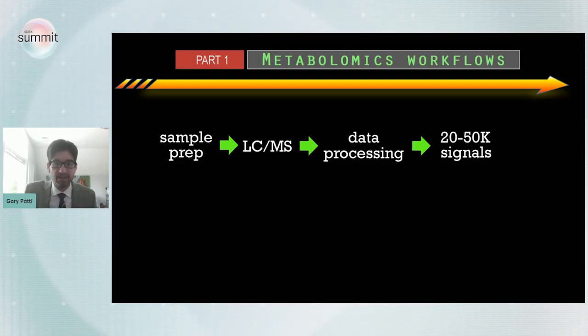After you generate the data, the files are quite large and you can't analyze them manually, so we do rely on software for data processing. And that usually results in several thousand different unique signals. Sometimes in metabolomics, we refer to those as features. And there's a range there because the number of signals that you get does largely depend upon the context of the experiment.